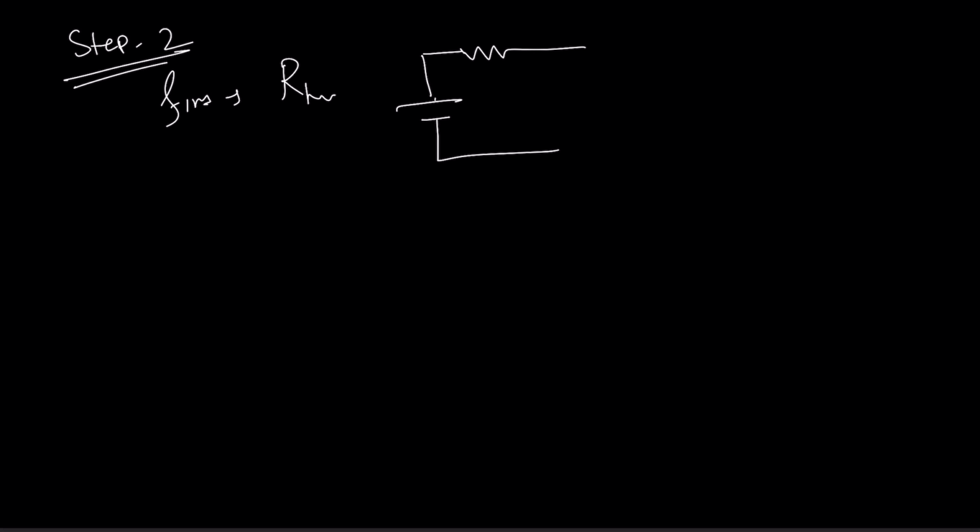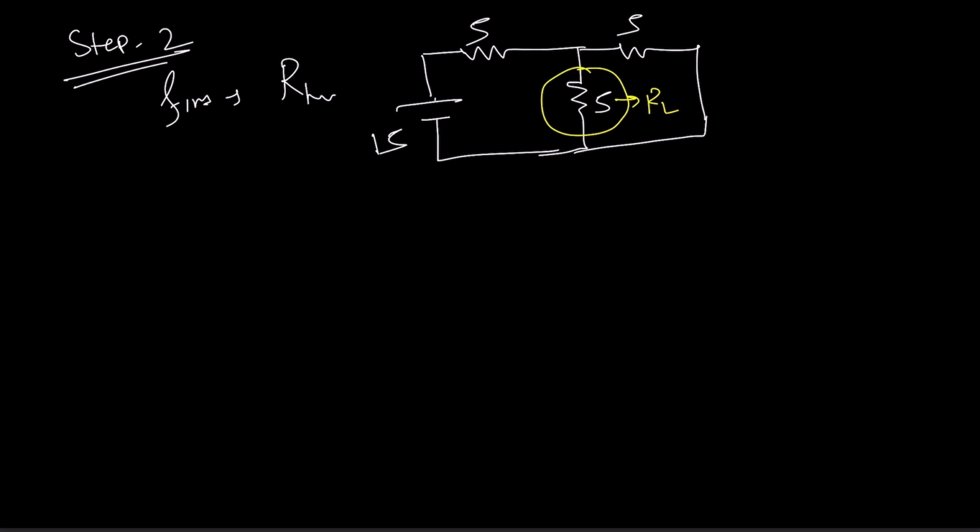Step 2 is to find out RTH. Now let's redraw the circuit first. Okay. What you need to do here? For the first step, remove the load resistance.